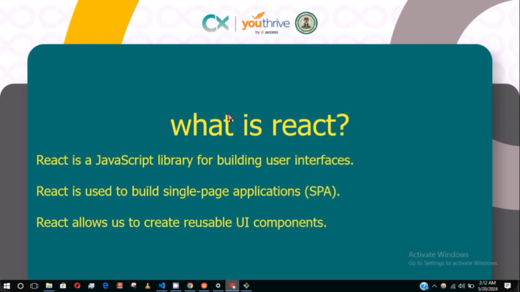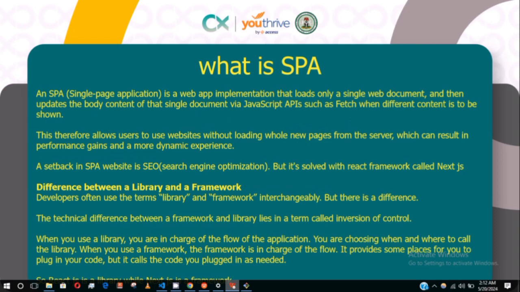So how is React different from the conventional website that we have been building using HTML, CSS, and JavaScript? So we are going to see that in the next slide. So what is SPA? So an SPA is a single page application.